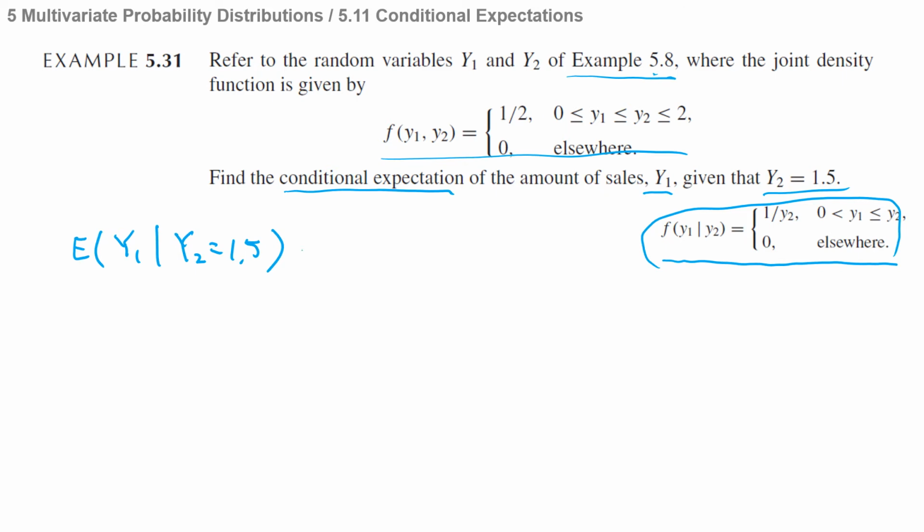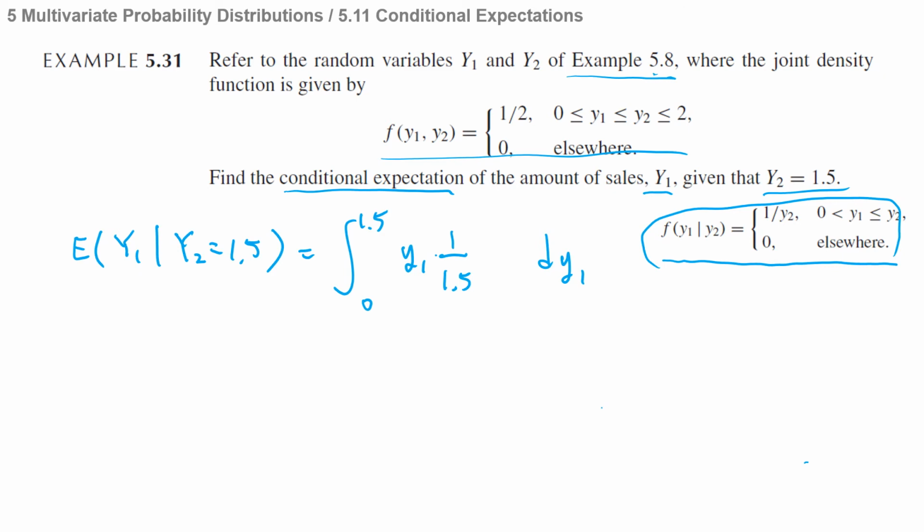And here the conditional expectation is the integration of y1 times this density, which is 1 over y2, and actually y2 is 1.5 here, and the integration of y1 is from 0 to 1.5.